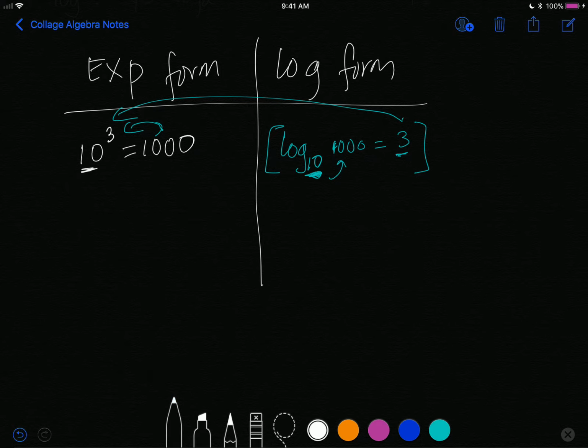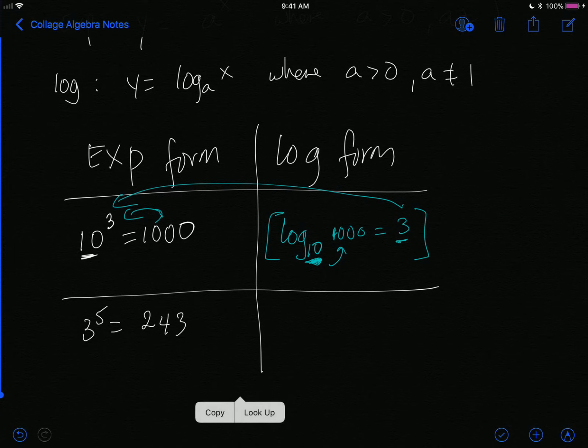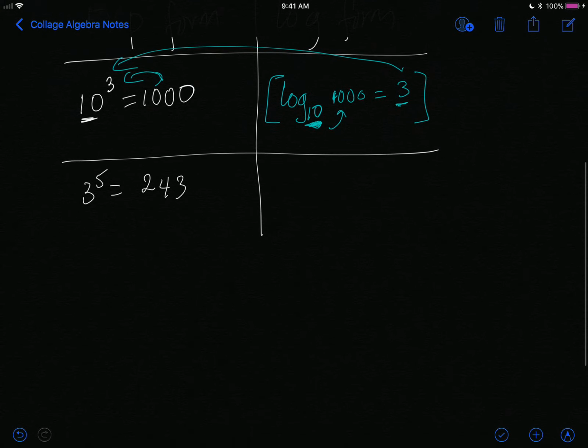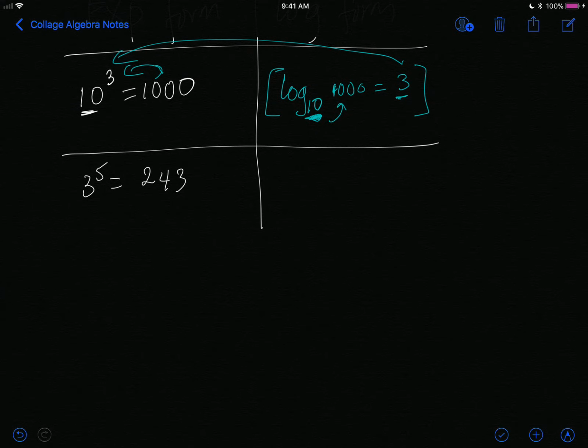So let's try again. Let's say I have 3 to the 5th power. 3 times 3 is 9, 9 times 3 is 27, 27 times 3 is 81, 81 times 3 is 243. If I want to express this as a logarithm, I would simply go log, L-O-G, and then say, what base am I looking at? The base I'm looking at is 3.